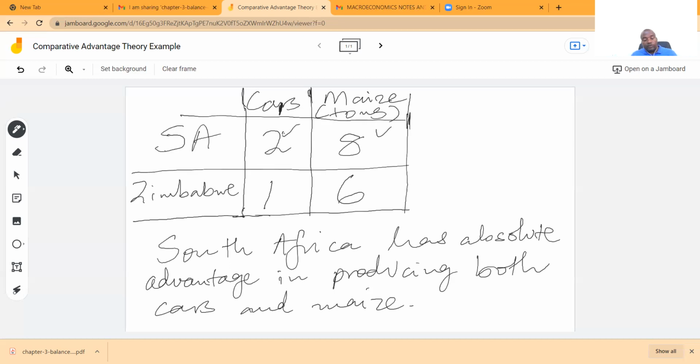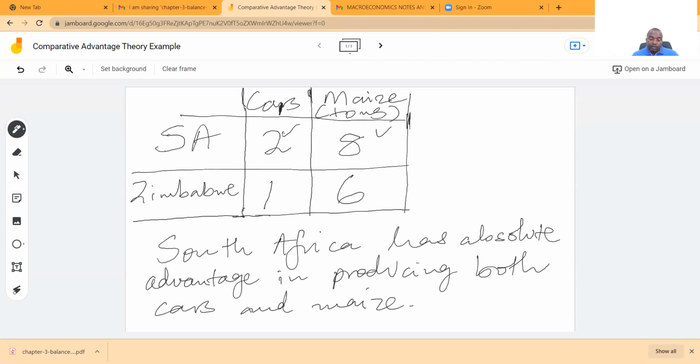But we want to look at this situation from the perspective of David Ricardo, the one who came up with comparative advantage theory in the 19th century. So to do that, we'll have to calculate what is known as the opportunity cost table.